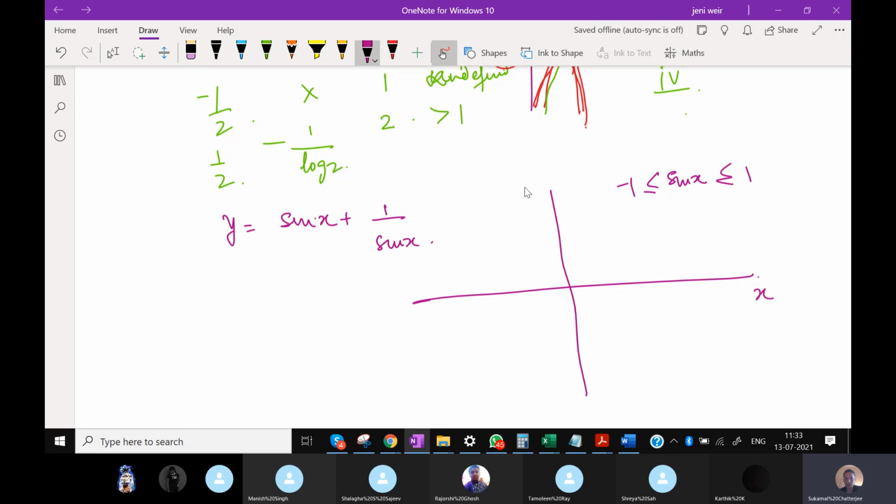So if I plot x versus y, where y is sin x plus 1 upon sin x, then the value of y will be always lying between... when sin x is equal to 1, that means x is equal to pi by 2, then this will reach its minima, which is going to be 2.